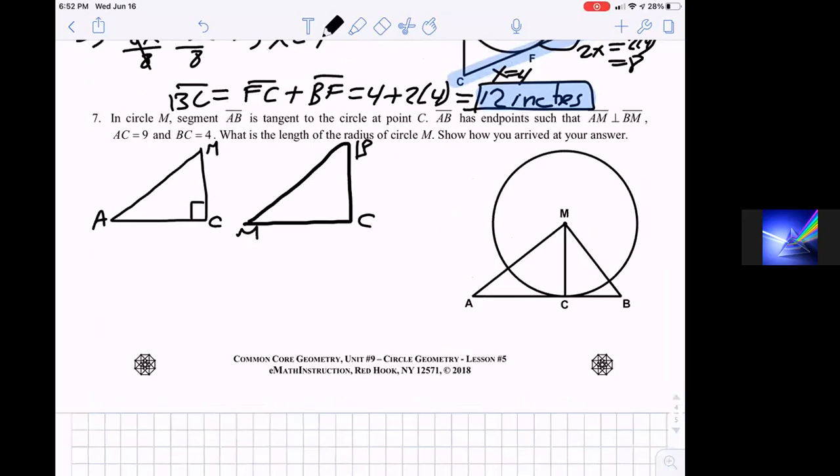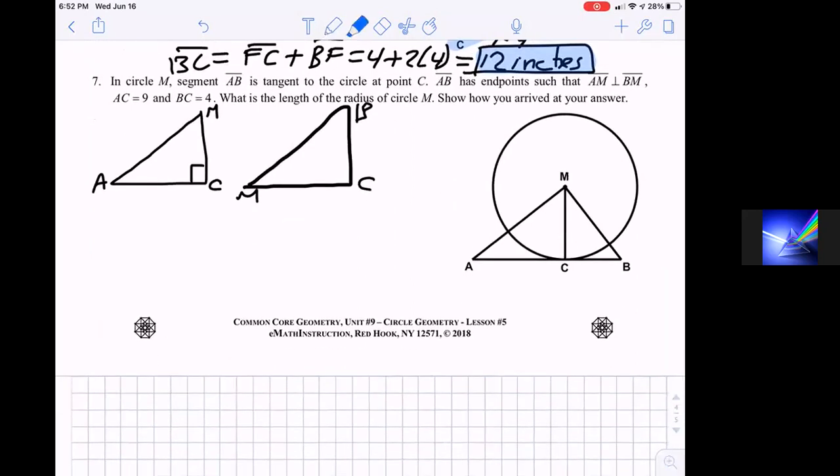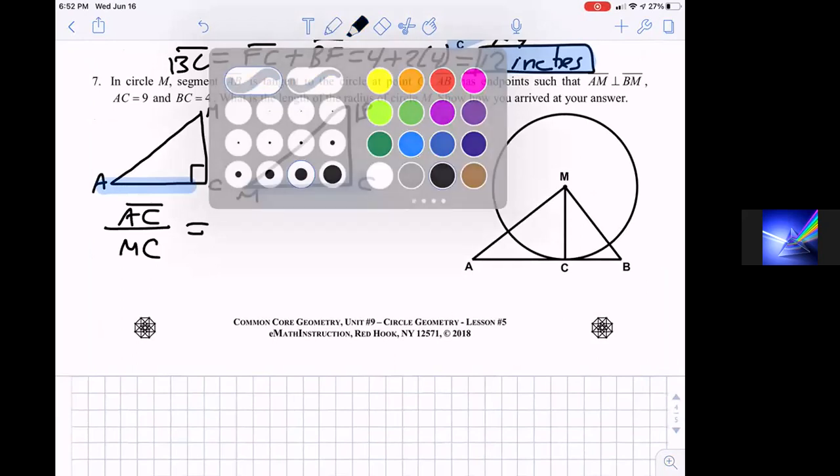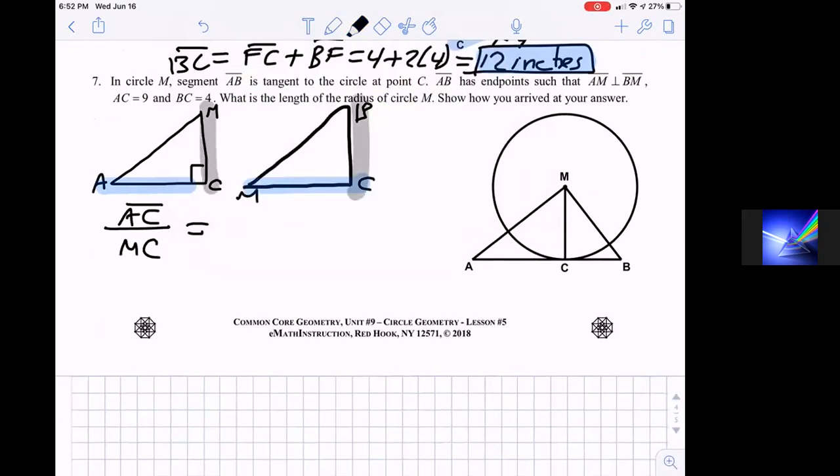So we can set up a proportion. This leg is related to that leg, so AC is to MC, and that's proportional to MC to BC, the side of the leg.